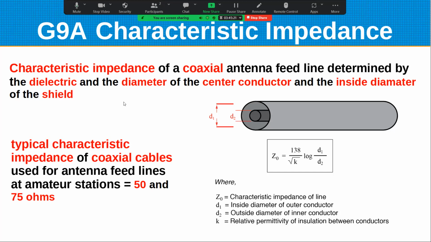We typically use 50 ohm characteristic impedance coax, sometimes 75 ohm. It could be a better match to an antenna like a dipole, and maybe a little less lossy. Typically, 75 is used for TV broadcast and reception.